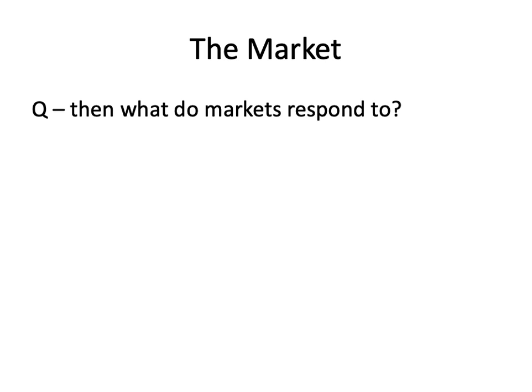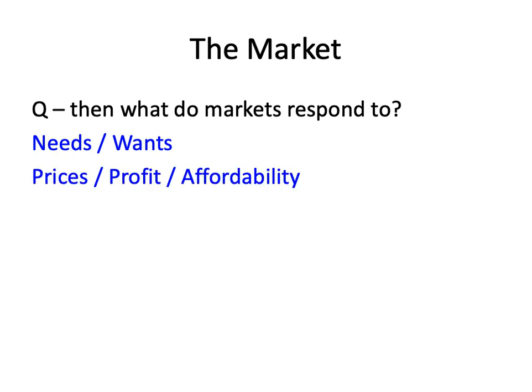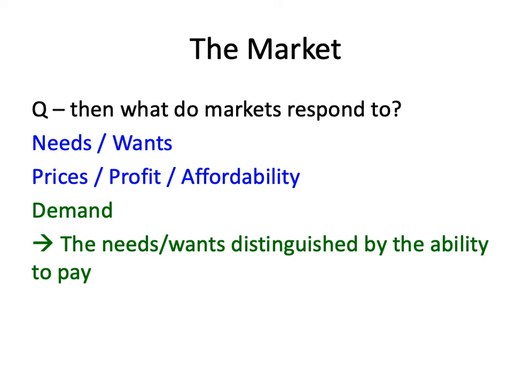And so it's very important to understand what this market is, right? The market is the needs and wants of the people. It's prices, profits, affordability. And that's just demand, basically, right? And so the government needs to understand how people consume, right? How people are choosing to consume, what they're choosing to consume, balanced with how much income they have and how much things cost.